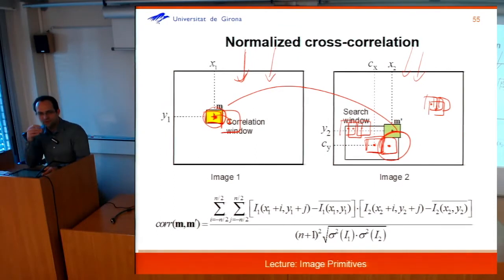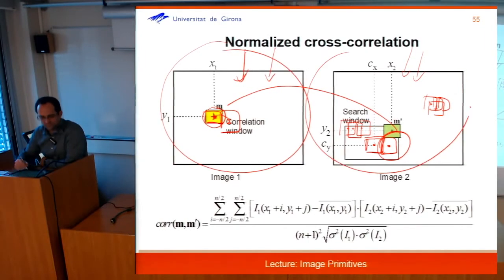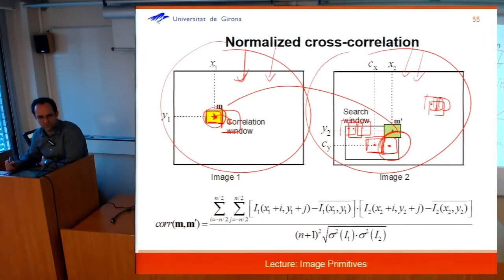But you could, if your frame rate is high enough, look for a correspondence in a close enough area. If you do this, normally the scale is not going to change too much in 40 milliseconds, and the rotation is not going to change too much in 40 milliseconds. So everything fits. If you have 10 corners here and 10 corners here, it's quite likely that out of these 10 corners, maybe only 7 of them were detected here, or 6.